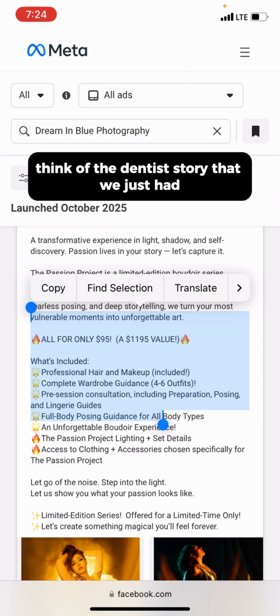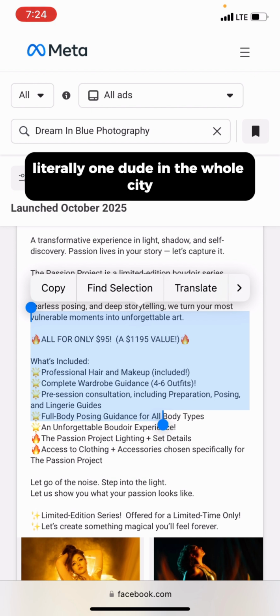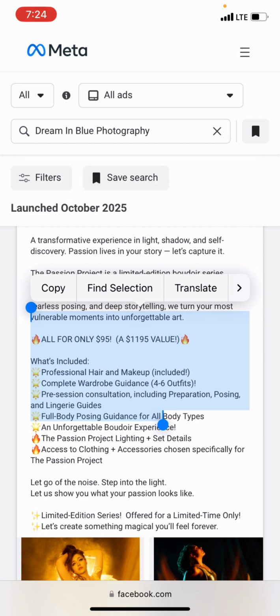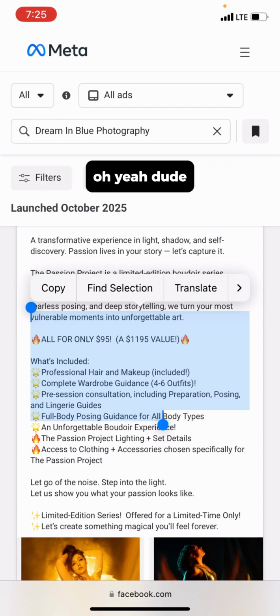Think of the dentist story that we just had. Imagine if all the dentists I called for my tooth pain said, we only do 6-month checkups, 6-month teeth cleanings. And then there's one dude, literally only one in the whole city we can reach with our tight schedule, that said, oh yeah, I solve tooth pain.